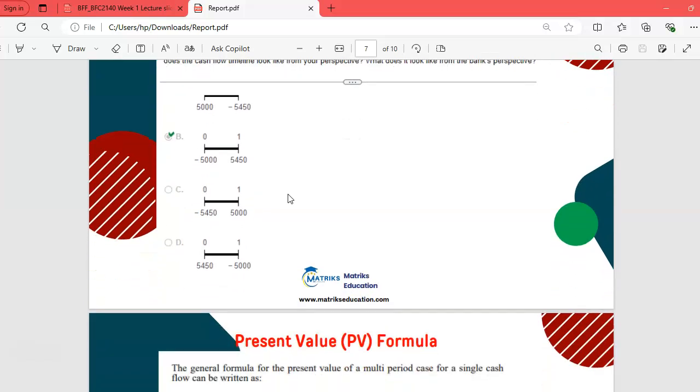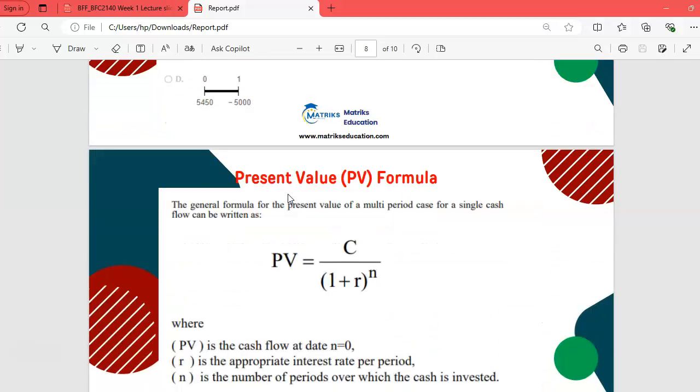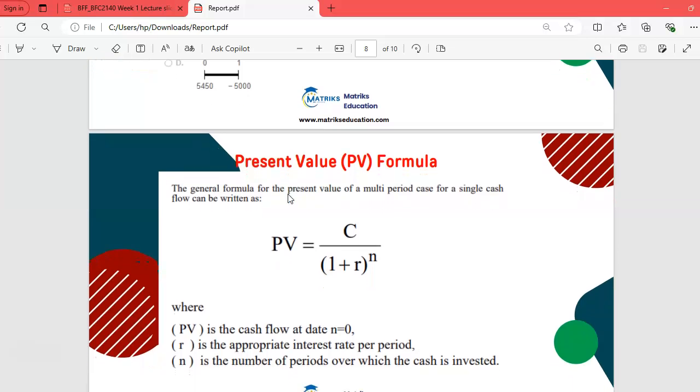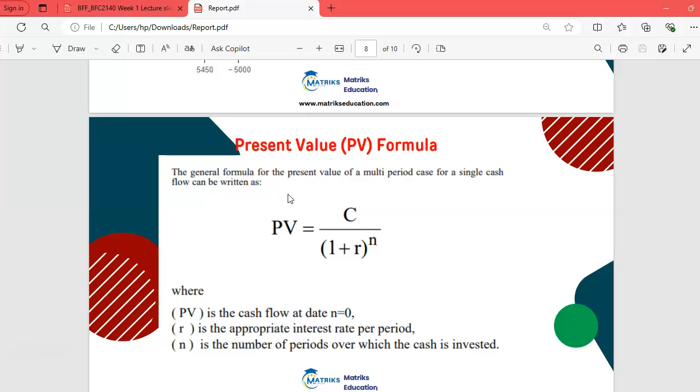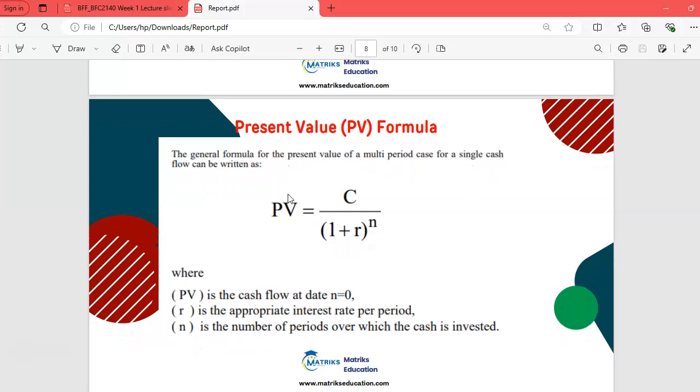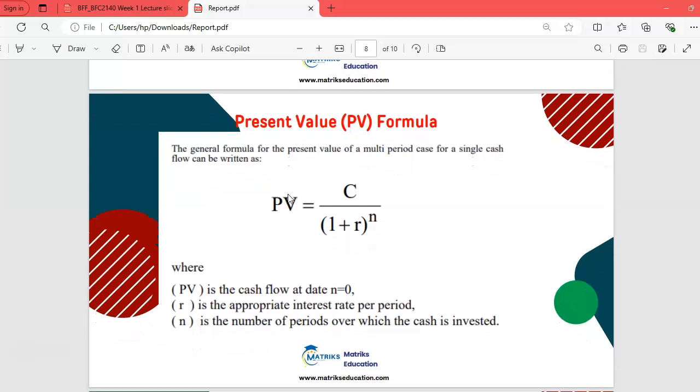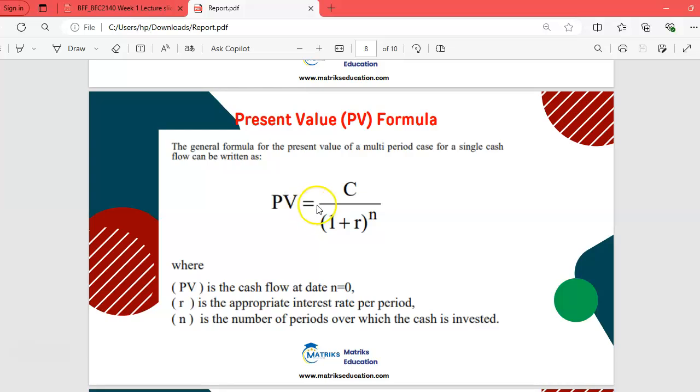Okay, now we will move on to the present value concept. Present value is the opposite of future value, guys. And this is the formula of present value. Present value equals C, where C is the total amount of money in the future. For the future value concept, C equals the present value money.